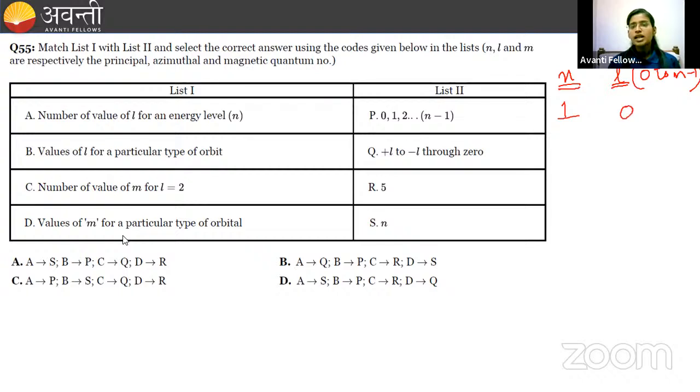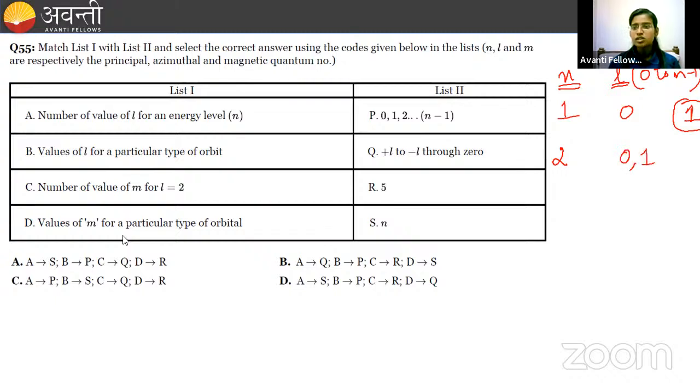So we are ending up with only one value, which is 0, and which is nothing but the value of n. If the value of n is 2, 0 to 2 minus 1. So we have 0 and we have 1.